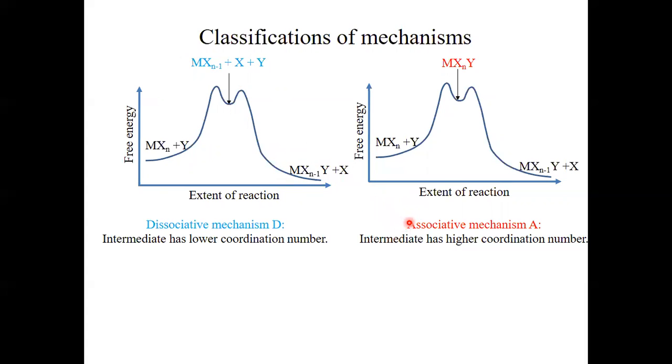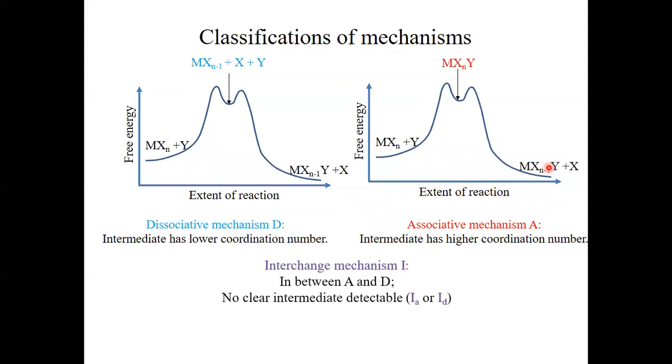Whereas when we have an associative mechanism, then first the new ligand is added and the intermediate is of larger coordination number, and then that intermediate loses a ligand to form the product.